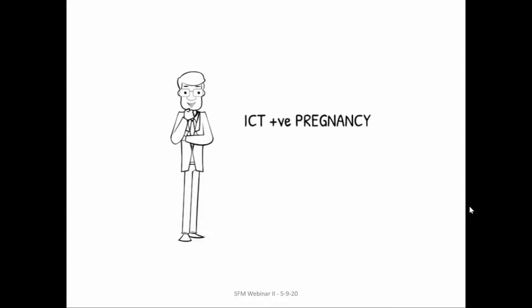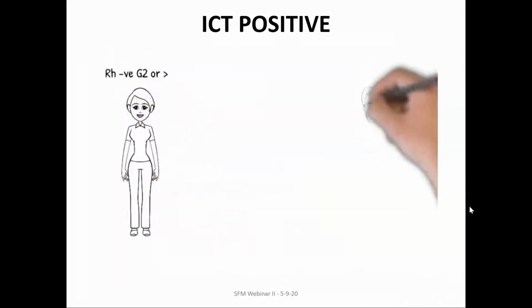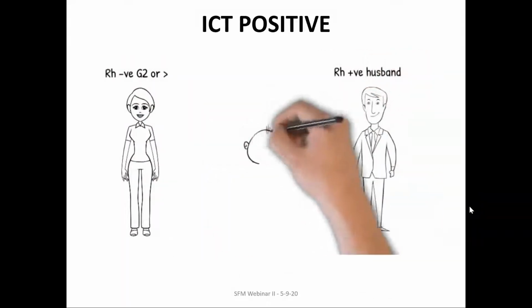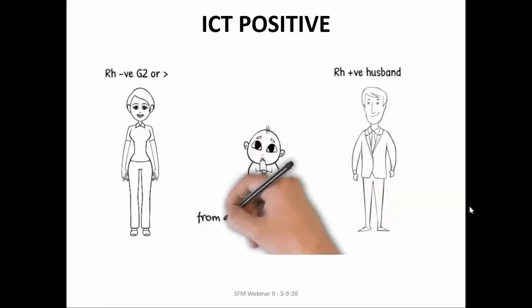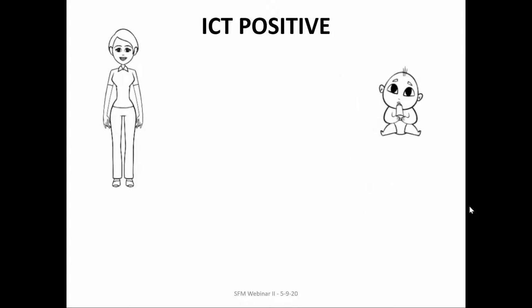I think that's a good starting point for this part as well, because we said when you think of an ICT positive pregnancy, what comes to mind is a mother who's a second gravida or more than that, who's rhesus negative, married to a rhesus positive husband, had a previous pregnancy where the baby was rhesus positive, and this lady was for some reason either not given anti-D injection or was given but the anti-D did not work.